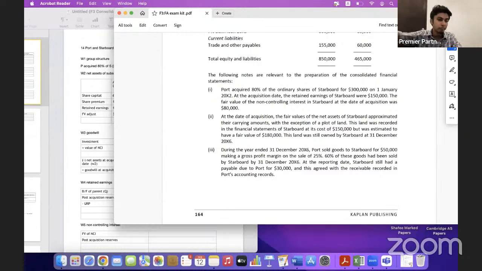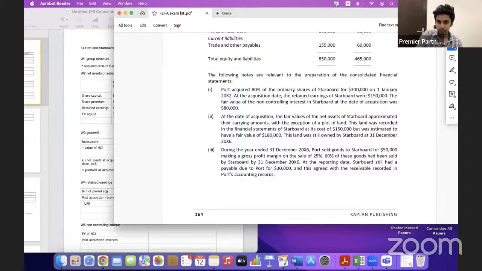If the buying party can't sell this outside, see, 60% of the goods has been sold. That means 40% is still there. Goods are not sold. When that happens, guys, your mind should be quick. So what is this adjustment called, guys? Unrealized profit adjustment. Are you clear with that part?